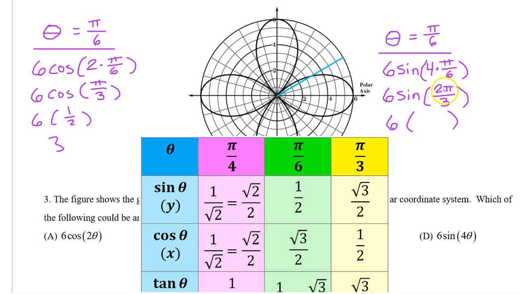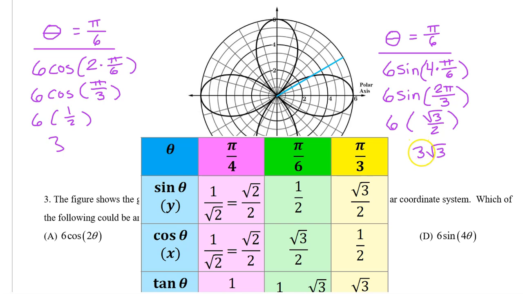The sine of 2 pi over 3 will be the same as the sine of pi over 3, which is radical 3 over 2, except it might be negative depending on the quadrant. 2 pi over 3 is in the second quadrant, and y values, and thus the sine function, are positive in the second quadrant. So the sine of 2 pi over 3 is positive radical 3 over 2.